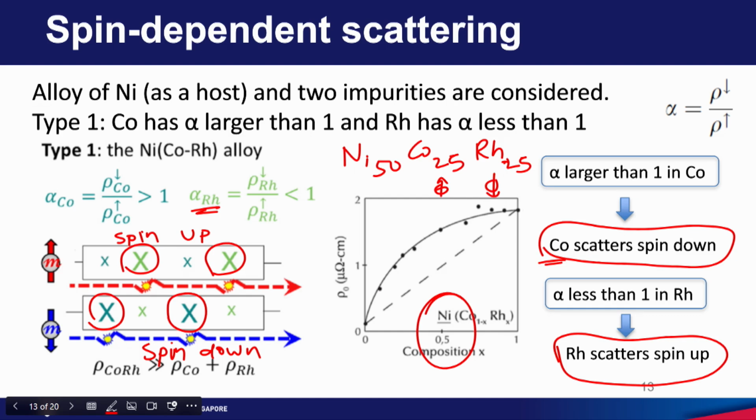Both the elements you add scatter the two types of electrons. As a result, when you have an intermediate composition, your resistance is much larger. If you do not consider spin dependent scattering, the resistance may change like this, but because of the spin dependent scattering, with both elements scattering, you see a larger value than what is expected.